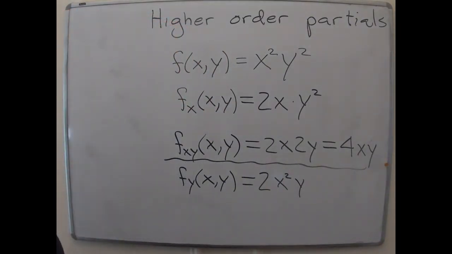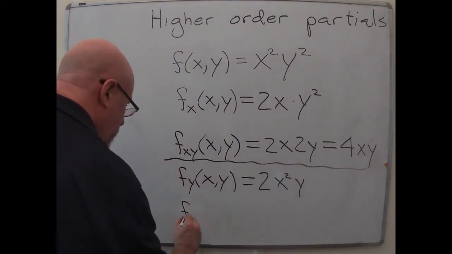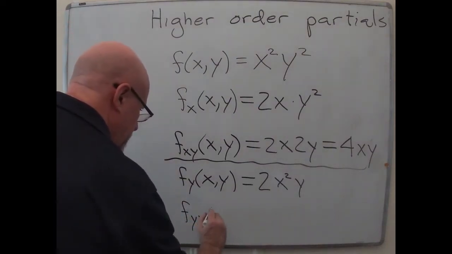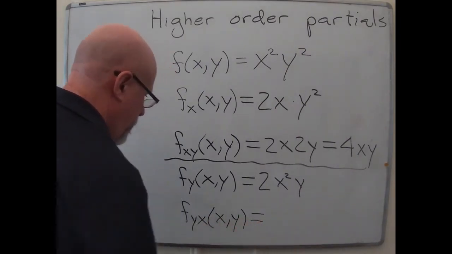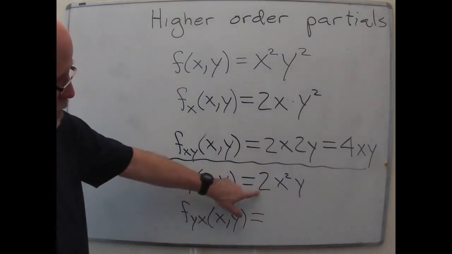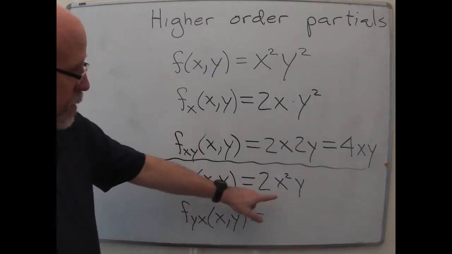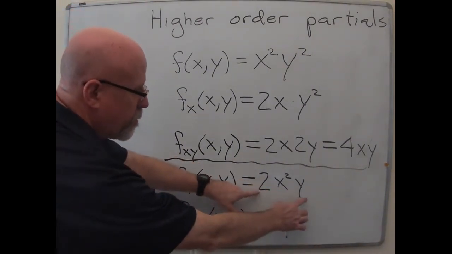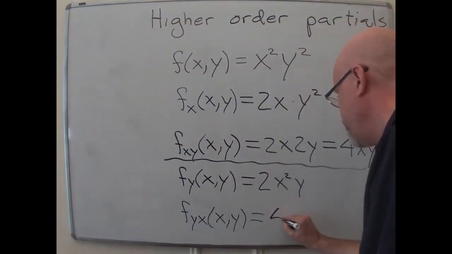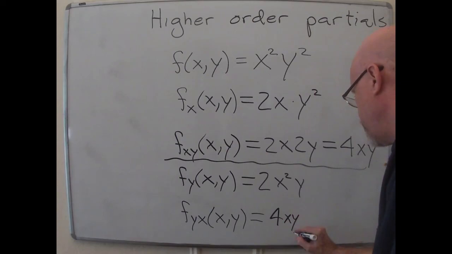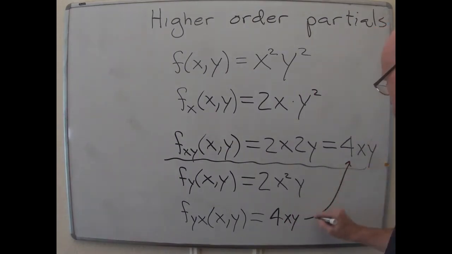And now what if we took the x derivative of this? We'd get f sub yx. Again, it's a function of two variables. And what we're doing is taking the x derivative of the expression above. That's going to be 2x, and the constants will all come along for the ride. So we get 4xy again. Notice that these came out the same. Is that necessarily the case?